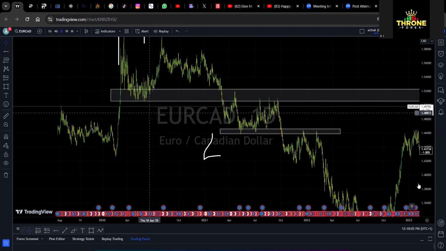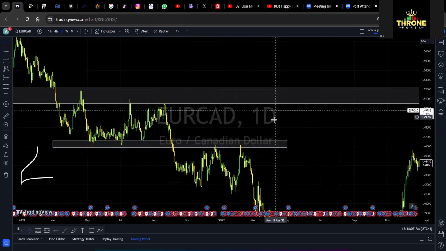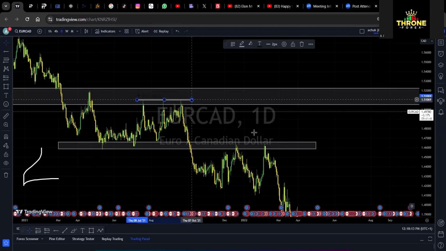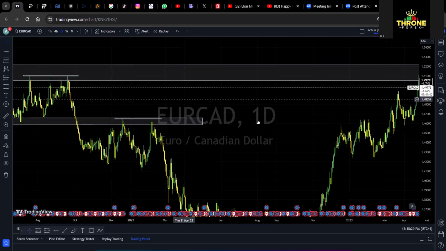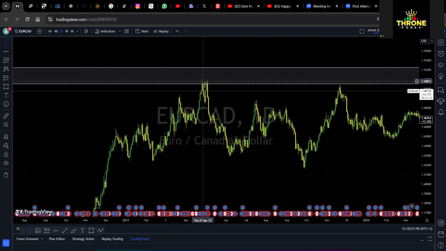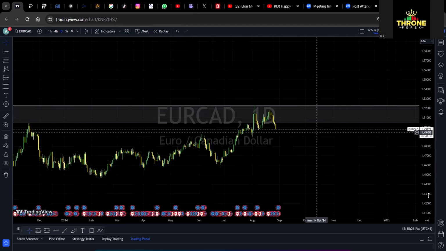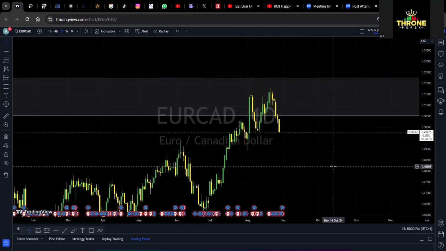So now you would have this as your resistance area here. So whenever price returns to that area, that is where you would have your resistance. So you just do one thing, and this is where you continuously add resistance, even as price is happening now, that is where we also had resistance. So those are the concepts you just need to employ.